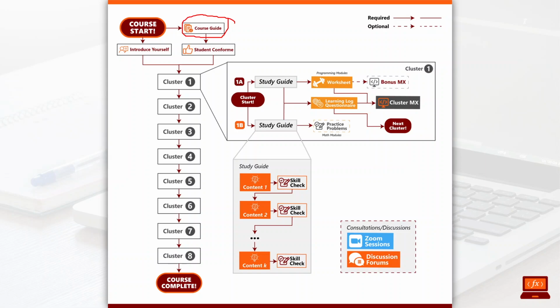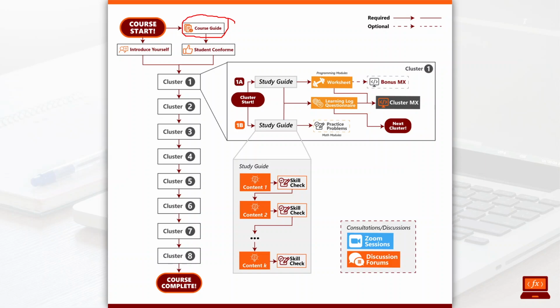So, basahin ang course guide, i-accept as student conform, then introduction ng sarili nyo sa forum. After you submit those, automatically ma-open yung cluster 1 or yung first topic natin.